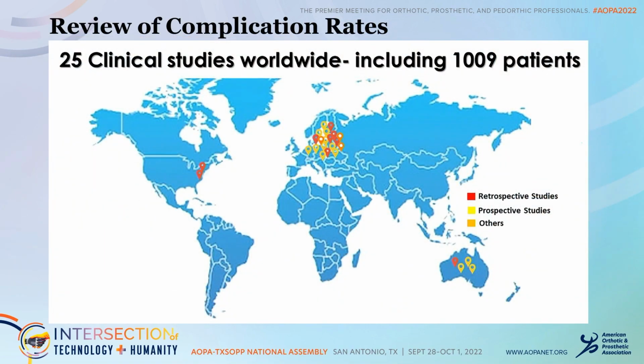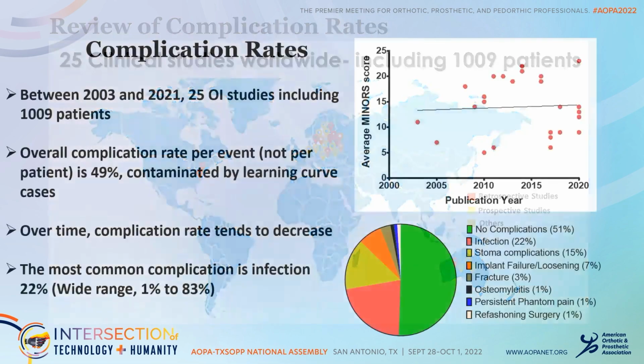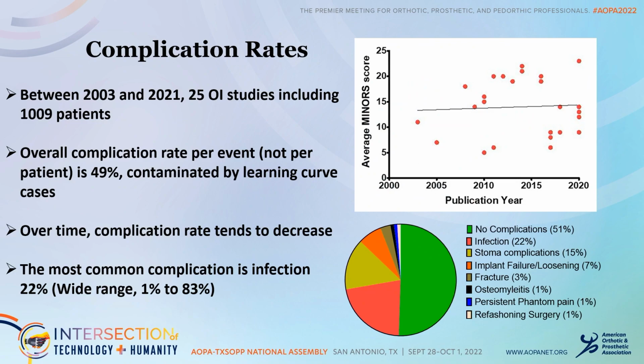So what about complications? Our team reviewed 25 clinical studies, including over 1,009 patients. And what were some of the things that we found? There's a 49% overall complication rate if you group all of these complications together, which means 51% of patients have no complications at all.